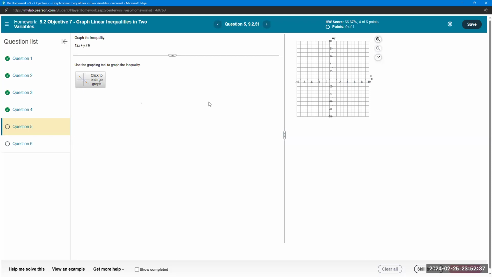Let's go ahead and rearrange this one. Y is less than or equal to negative 12x plus 6.